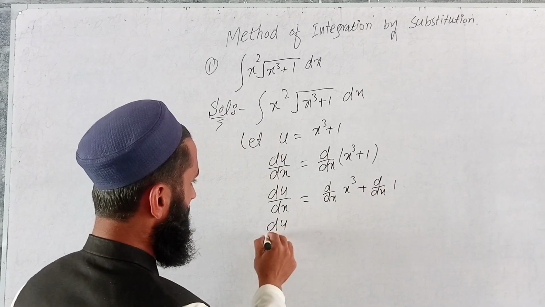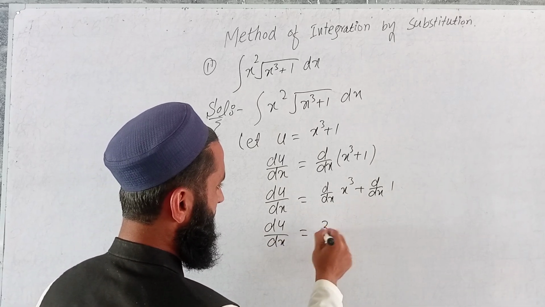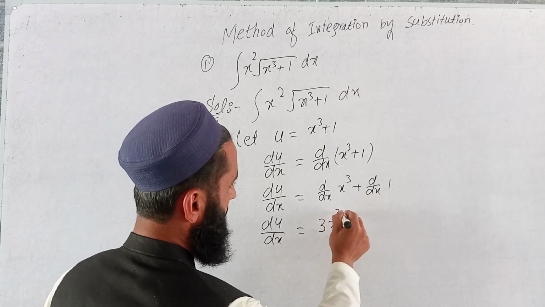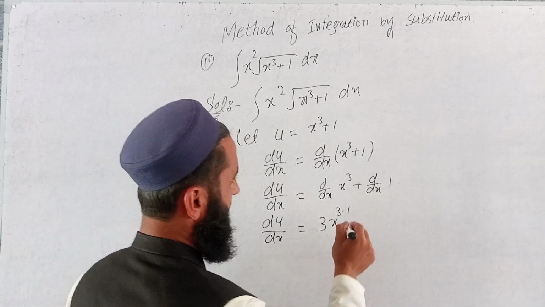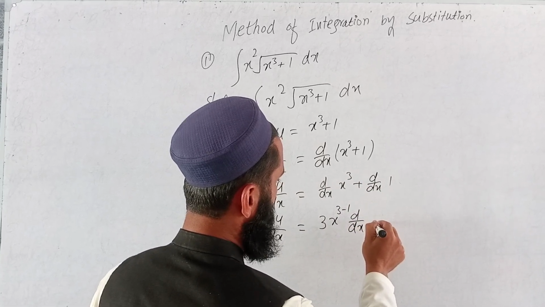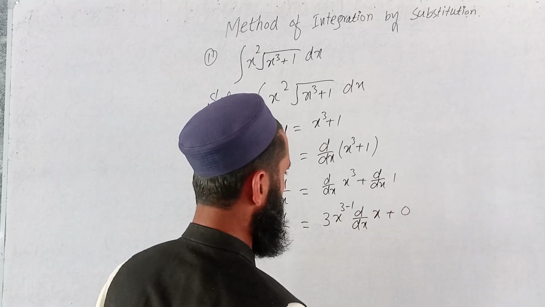So du divided by dx equal to the derivative of x cube, which is 3 times x to the power 3 minus 1, plus the derivative of a constant, which is 0.